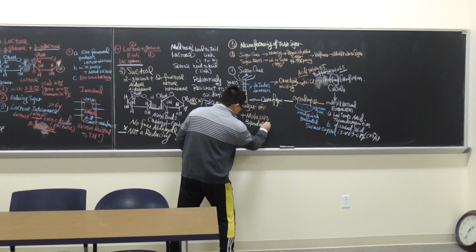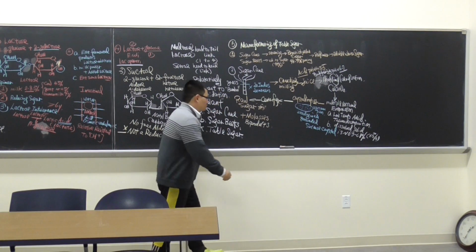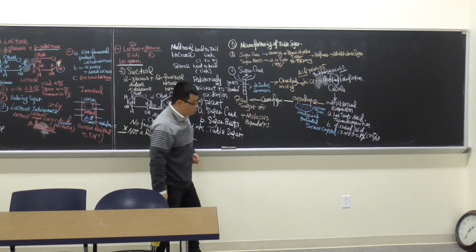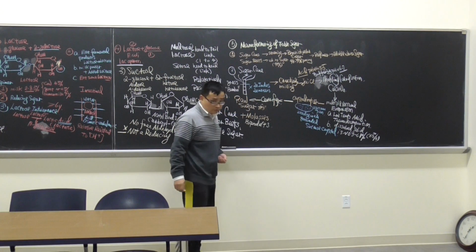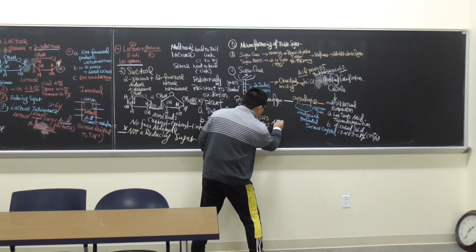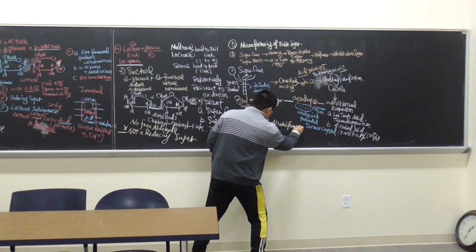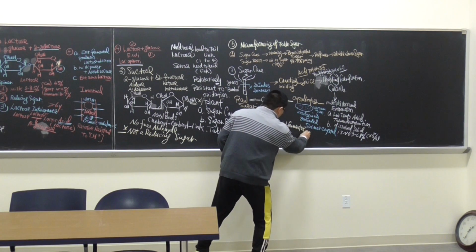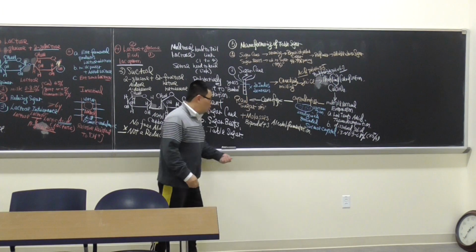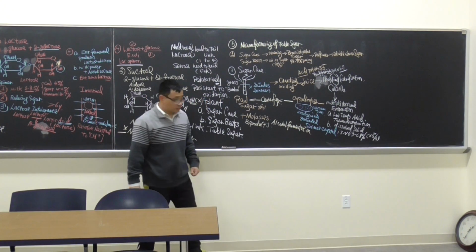Okay, what do we do with it? Molasses is a sugar, right? So very simply, we do alcohol fermentation. What else do we do? Of course it's a good energy resource.